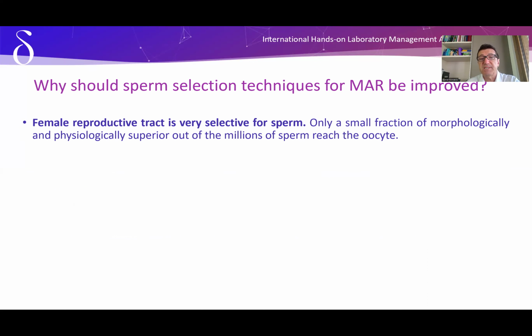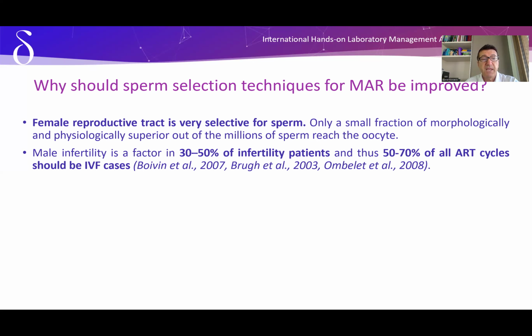So why should sperm selection techniques for MAR be improved? First, because the female reproductive tract is very selective for sperm, as it has been presented in the first slide, and only a small fraction of morphologically superior sperm out of millions of them can reach the oocyte in the ampullar region.